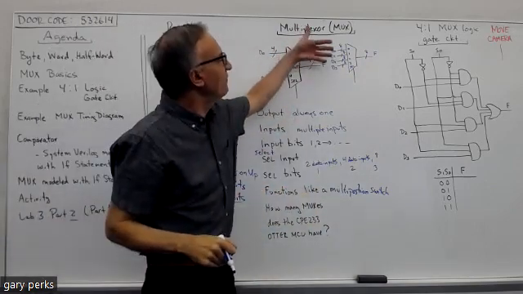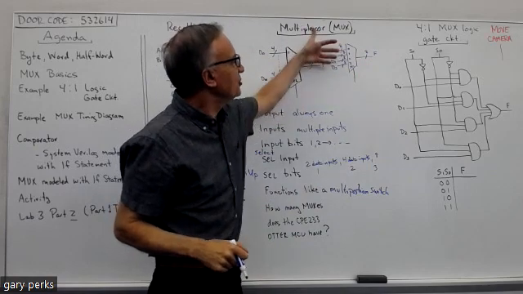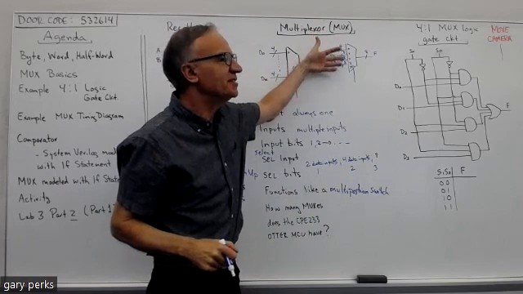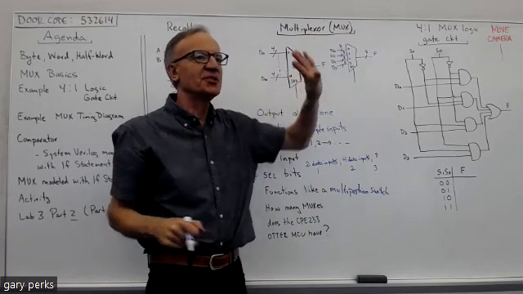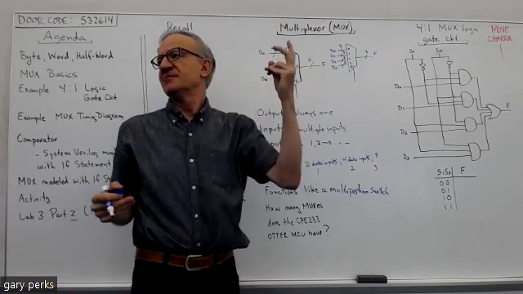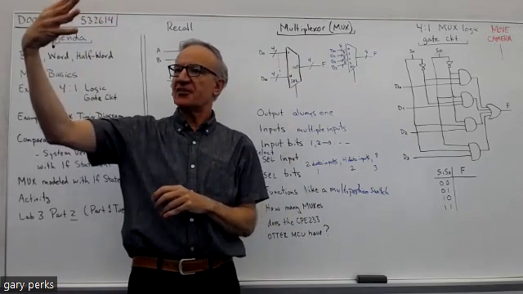Since I have 4 inputs, and this select input chooses which of those 4 gets connected to the output, how many bits is the select input going to have to be in order to choose between 4 things? 2, because that goes back to 2 to the number of bits gives you the number of values.